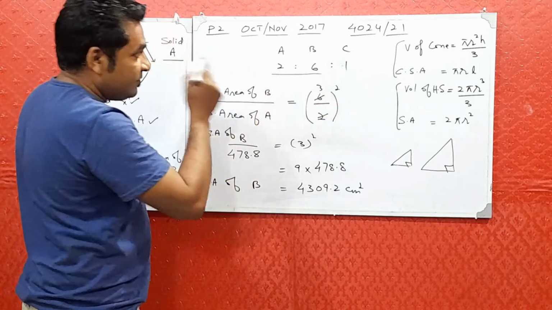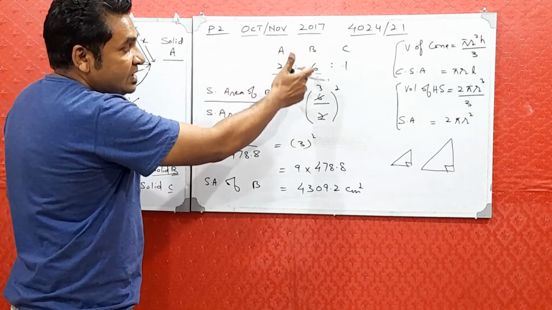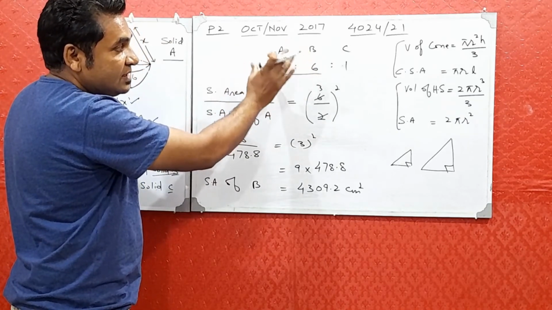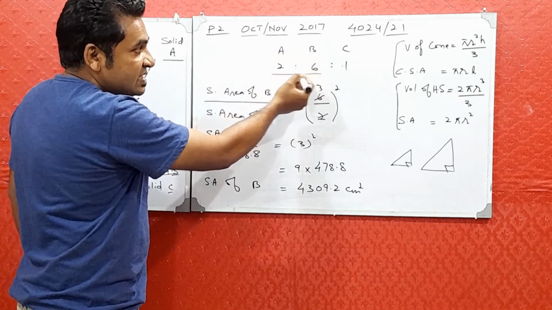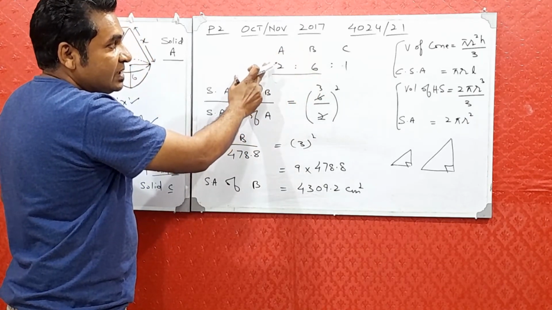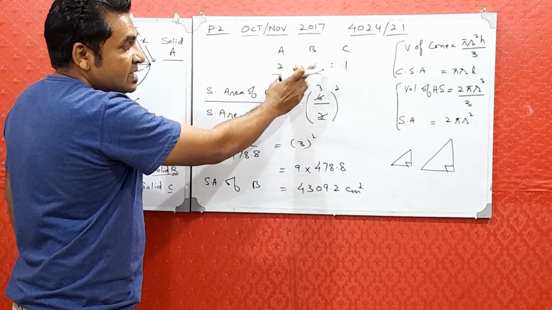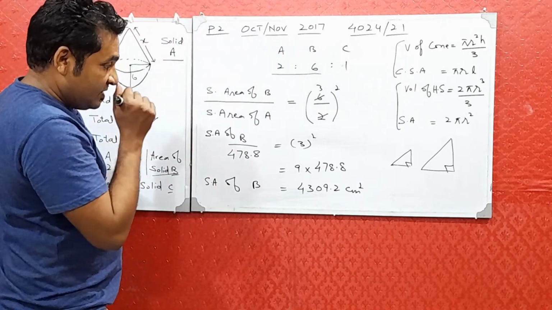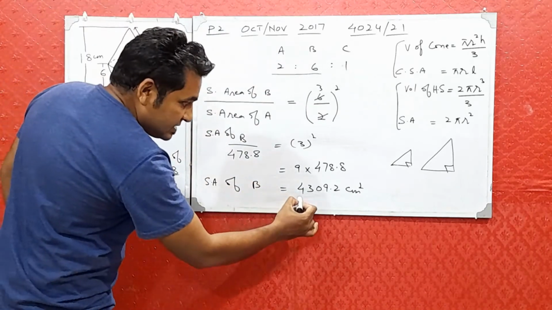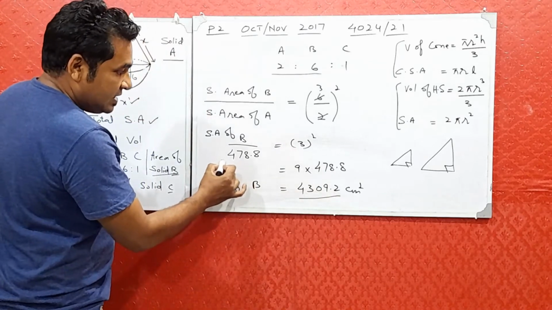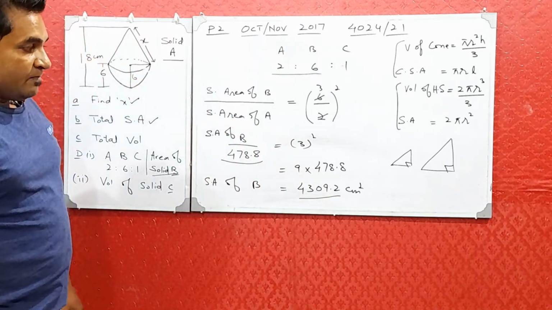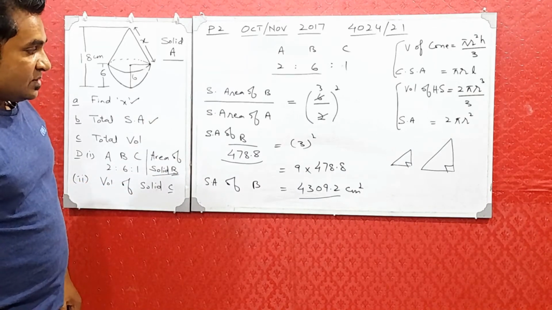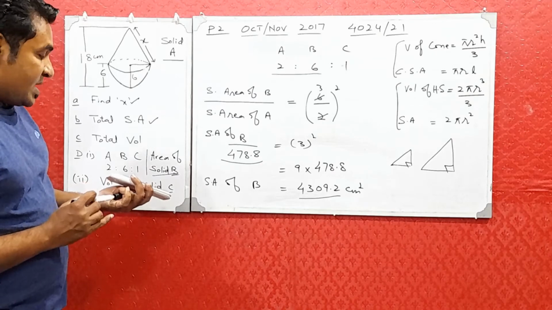The ratio of their heights also tells that B is larger than solid A in size, because its height was 6 and the height of A was 2, so it is bigger in size than A. In the same way, its area is also bigger than the area of solid A, because a bigger shape will have a bigger area. So this was about part number 1.